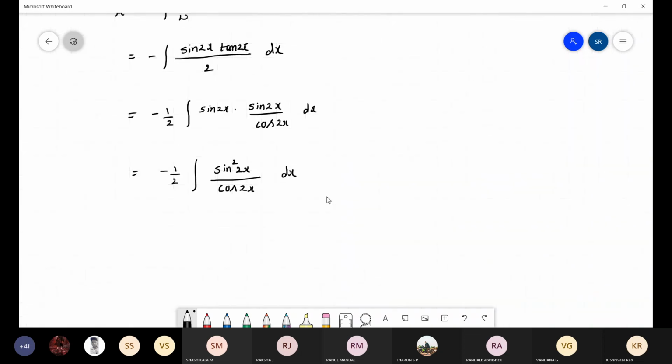Okay. Now again, sin square can be written as 1 minus cos square, no? Minus 1 by 2 into integration of 1 minus cos square 2x divided by cos 2x into dx.